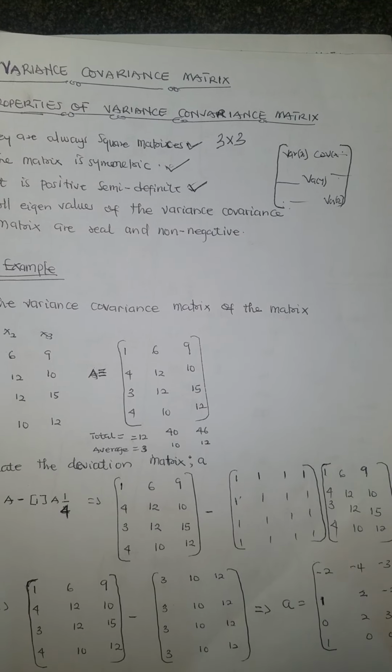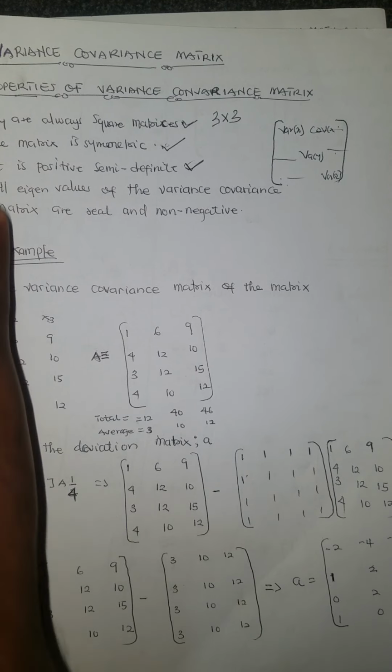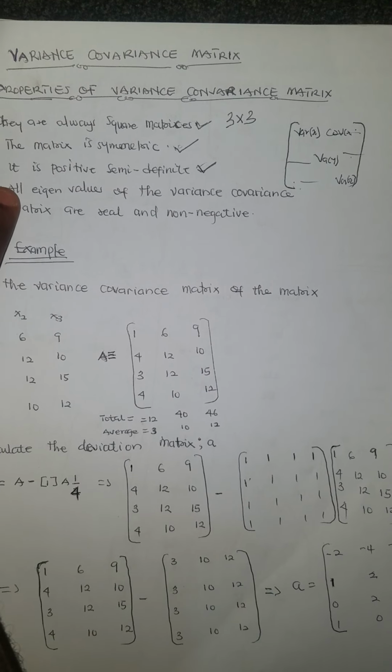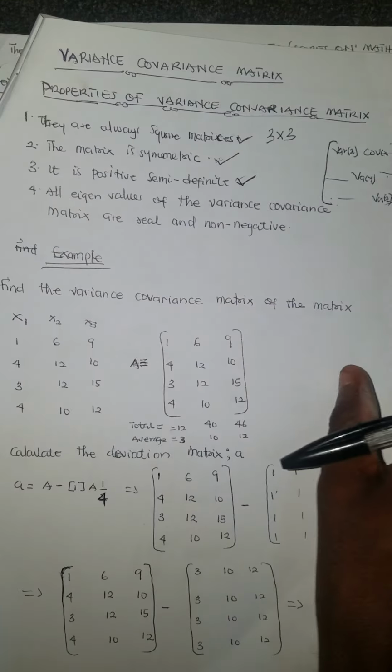Now you can be given a data set and then be asked to find the variance covariance matrix from that data set. Now let me use this example.